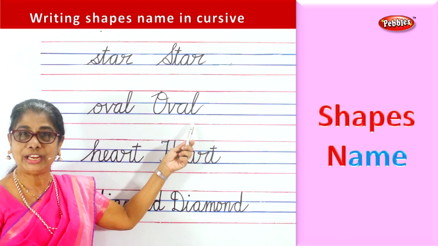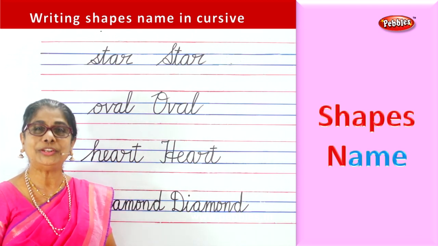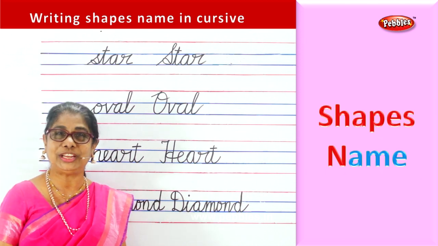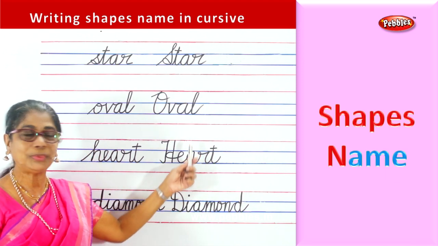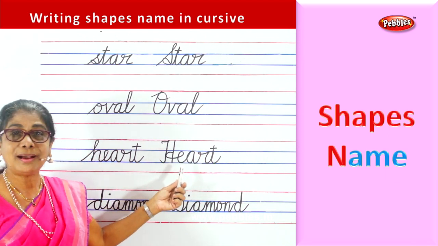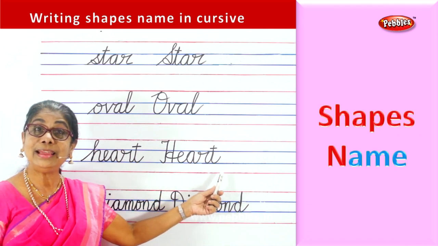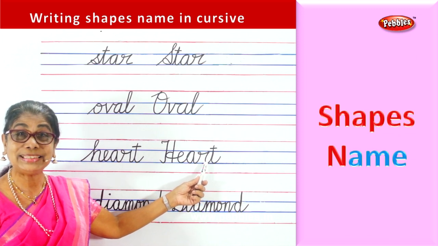O-V-A-L, oval shape. Sometimes the serving dishes are oval shape. Yes, dining tables are oval shape. Some faces are almost oval shape. Next one, heart. Spell heart. Heart. You like to eat heart-shaped biscuits?